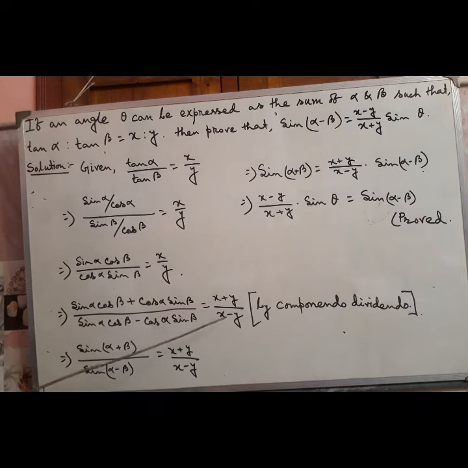Now in the left hand side, in the numerator you see sin alpha cos beta plus cos alpha sin beta, that is sin(alpha plus beta), and here it is sin alpha cos beta minus cos alpha sin beta, that is sin(alpha minus beta). Now by cross multiplying we can prove the given problem.